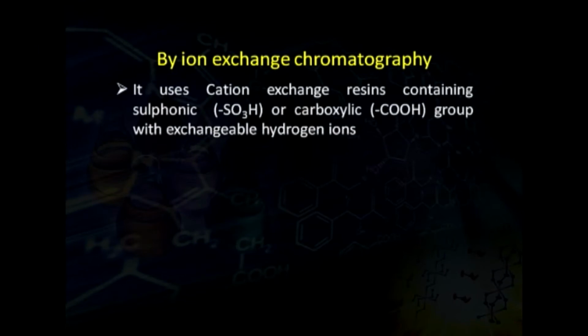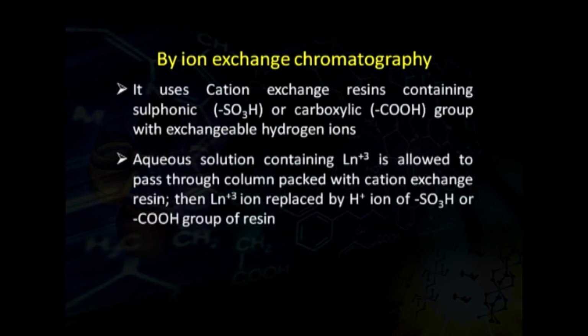The ion exchange chromatographic method is much better. It uses a cation exchange resin containing sulfonic or carboxylic groups with exchangeable hydrogen ions. The exchange process is mostly stoichiometric in nature, and the exchange of ions takes place at the surface. The aqueous solution containing lanthanides in the +3 state is allowed to pass through a column packed with cation exchange resin.